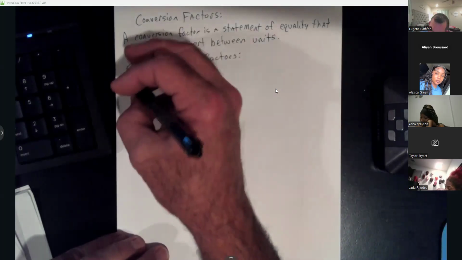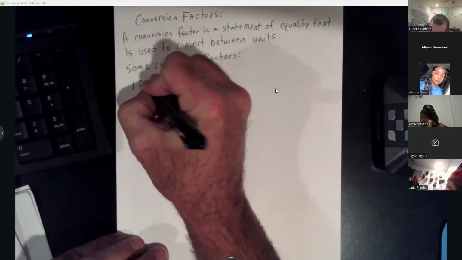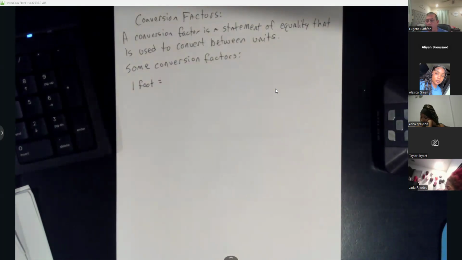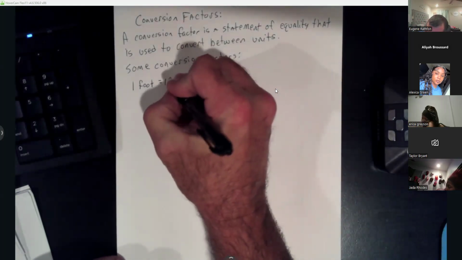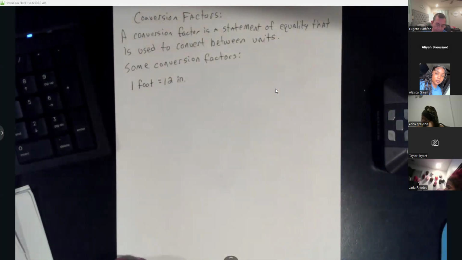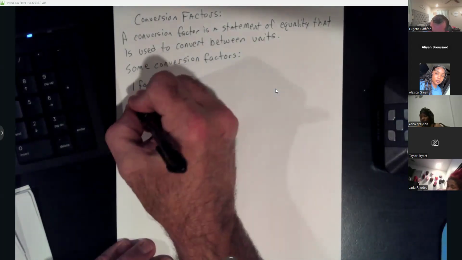But y'all, one conversion. So let's see if y'all know this. So I'm going to convert feet to inches. So my conversion for 1 foot would be 12 inches. So 1 day.